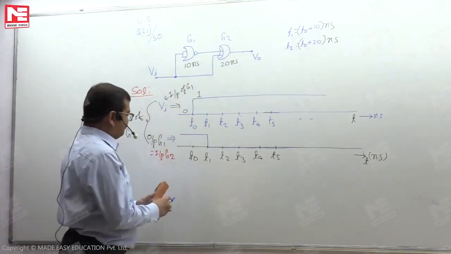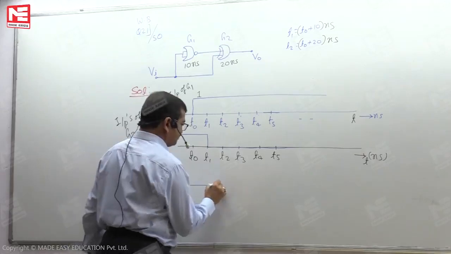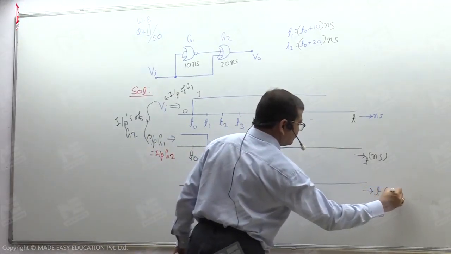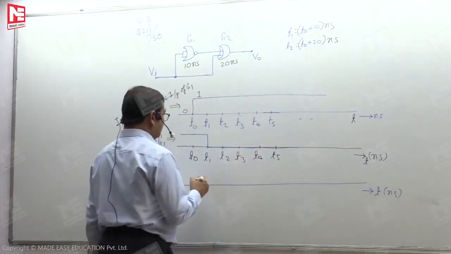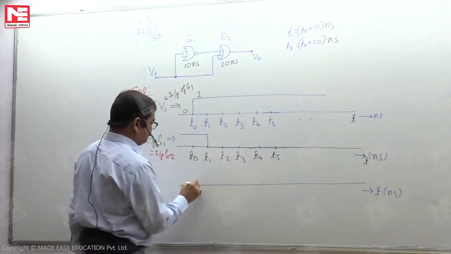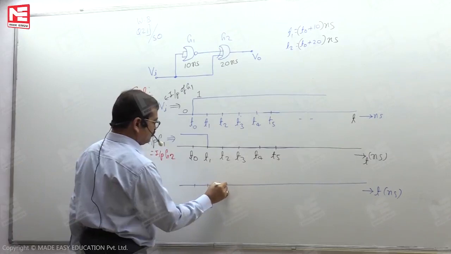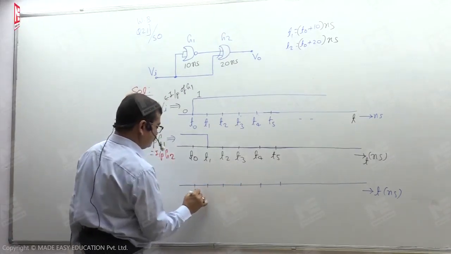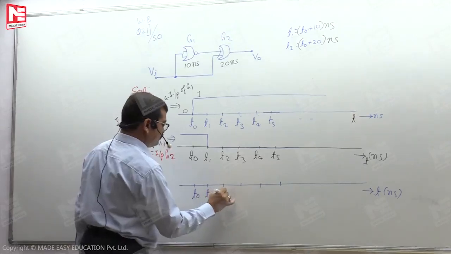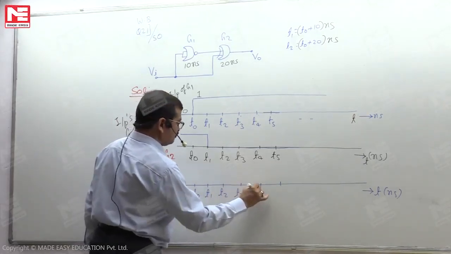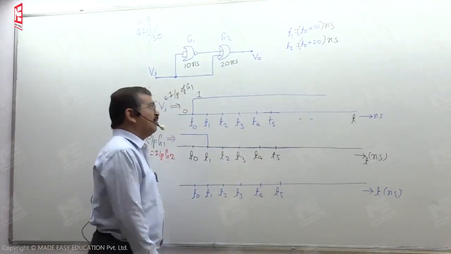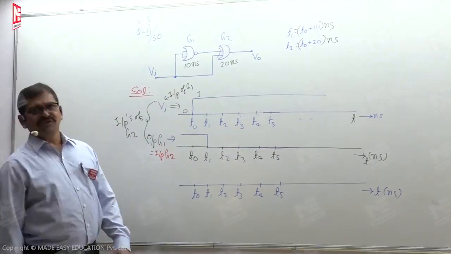Now if you look at the waveform, gate G2 is also lazy.